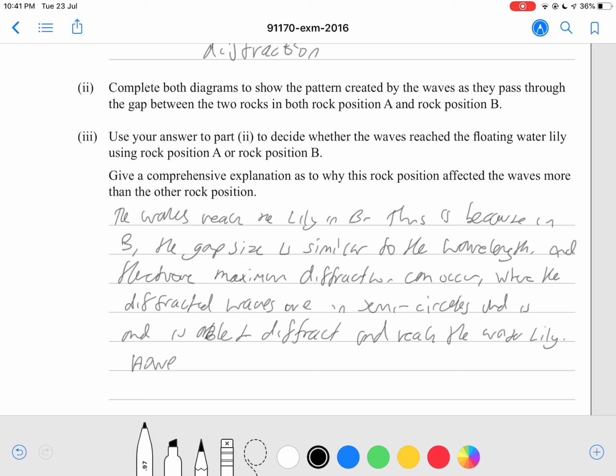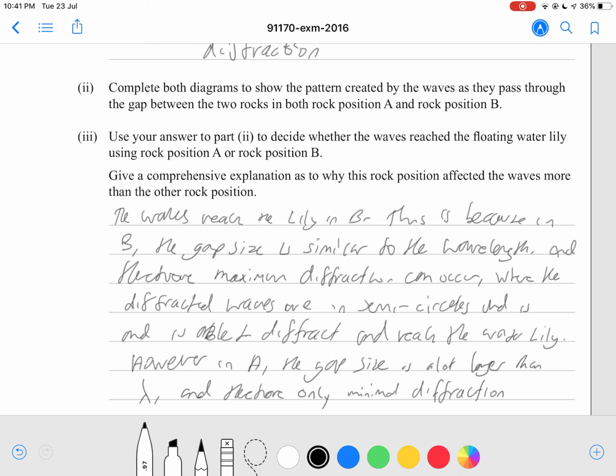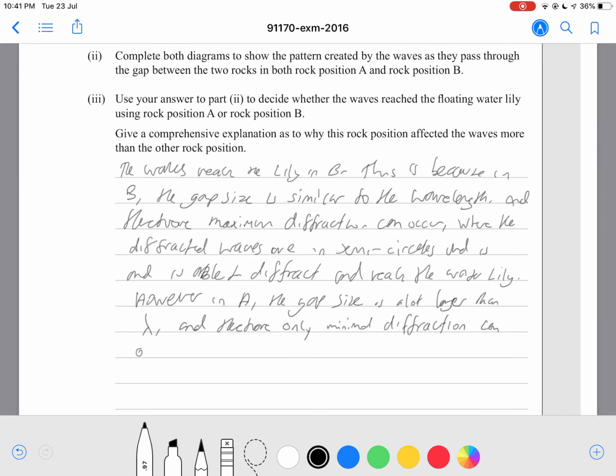And now we're going to describe A. However, in A, the gap size is a lot larger than the wavelength, and therefore only minimal diffraction can occur, and only the edges will diffract.